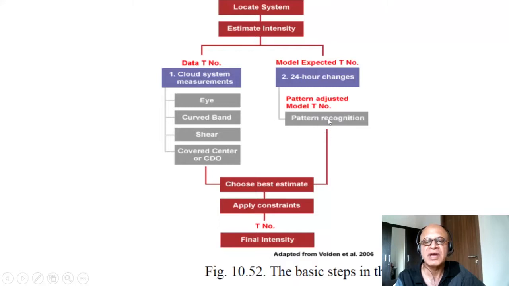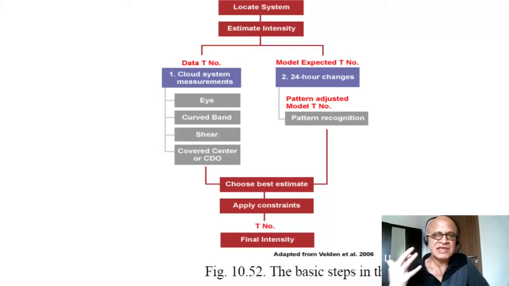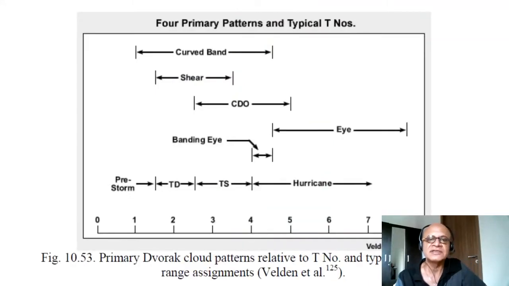So here you are combining data and the model to choose the best estimate, apply the constraints based on the Dvorak algorithm, get the T number again, and come out with the forecasted final intensity, or the publicly announced final intensity. This can cascade into all sorts of other things like insurance, damage estimates, insurance claims, and so on.